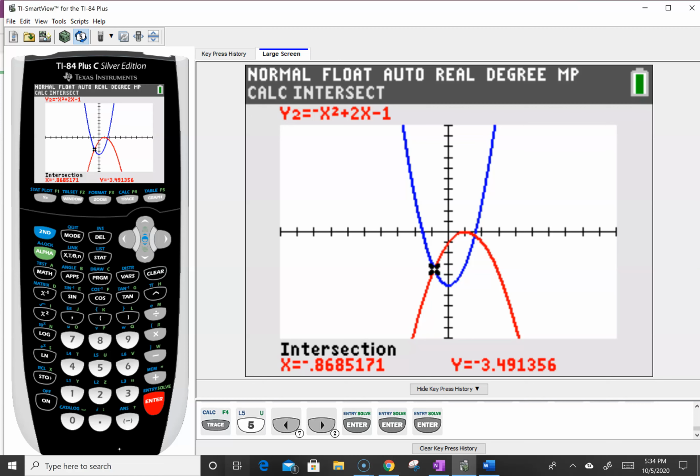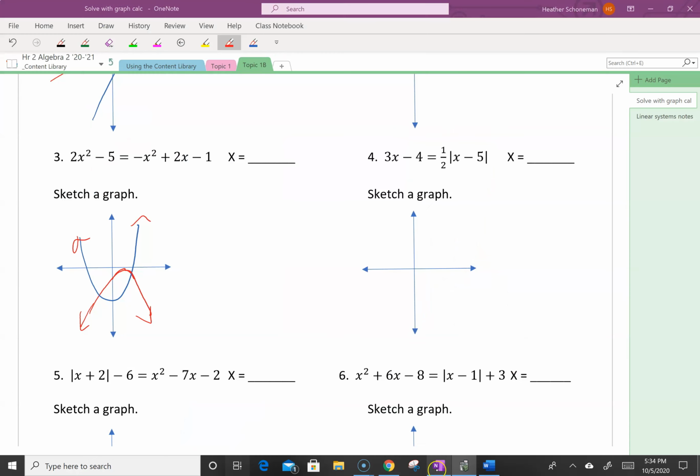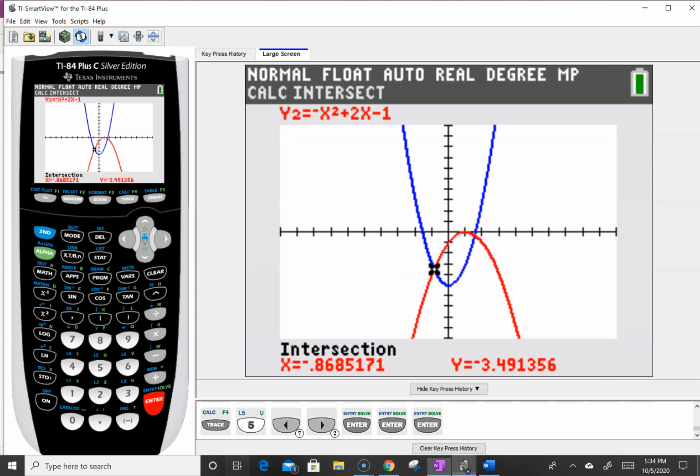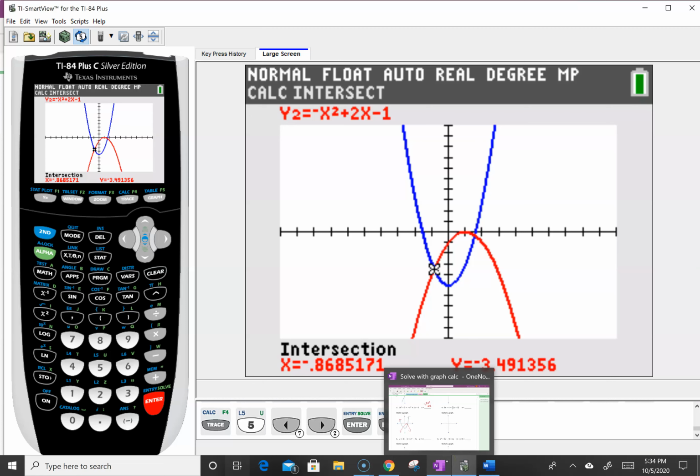That 8 rounds up to a 9. So my first answer is going to be negative 0.869. And notice I'm only recording the X. It's not an X and a Y, it's just the X.